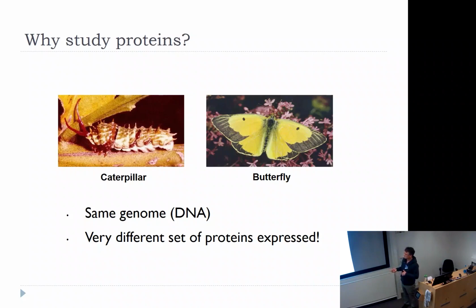For all intents and purposes, this is a different organism that has a whole different set of proteins expressed, and it's those proteins that allow it to become this new form. So very different sets of proteins are expressed whilst the genome stays the same. That's really our rationale for studying proteins, because they're absolutely integral for making us the way we are, for regulating all of the processes and development of the organism.